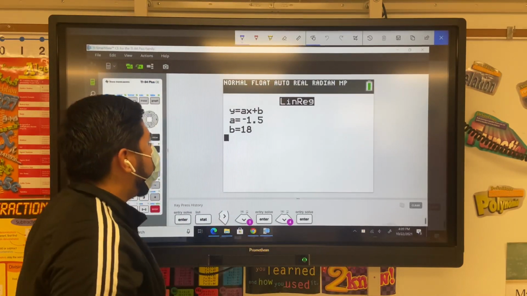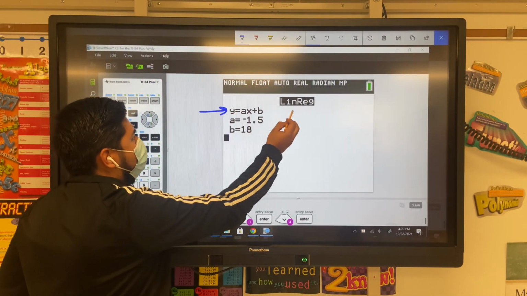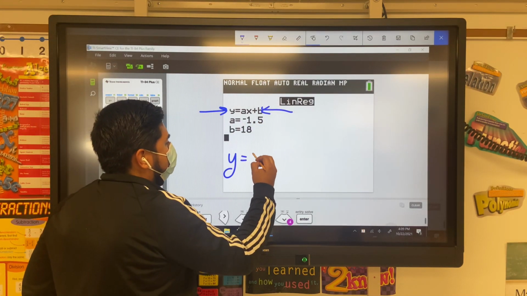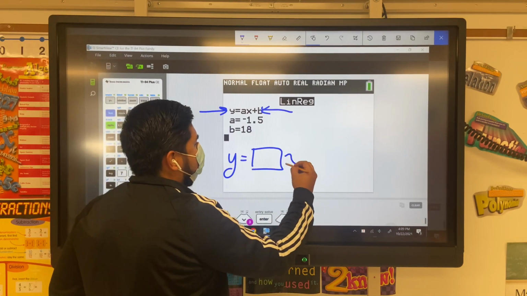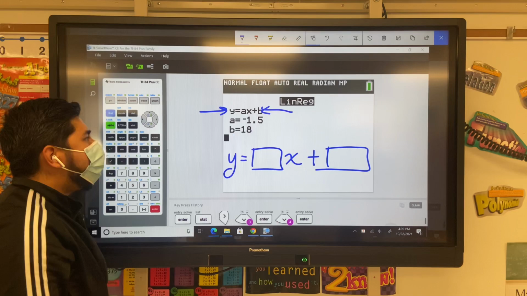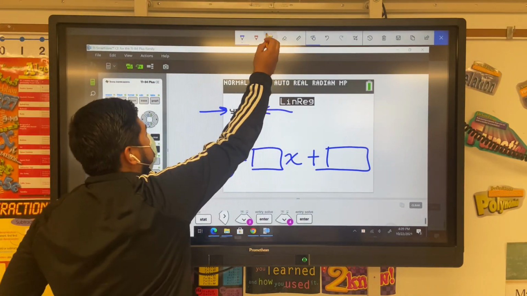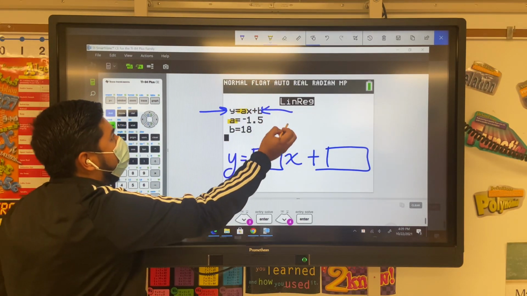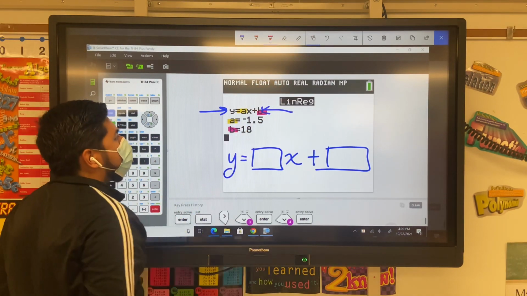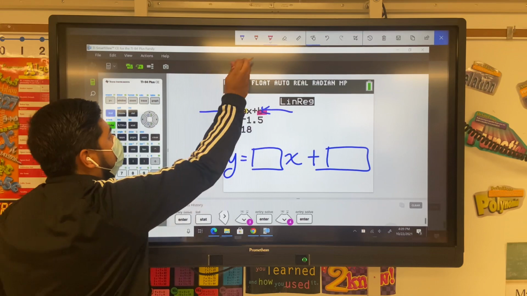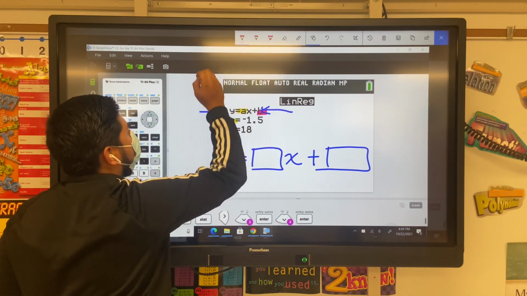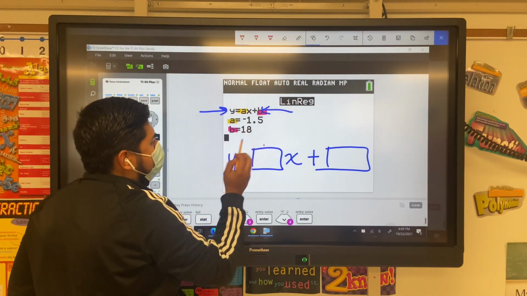Now, we should be able to write this very nice and neat. Hopefully, you should be able to identify that this is slope-intercept form. Y equals blank x plus blank. It tells you what it is, ladies and gentlemen. A is right here. B is right here. Just fill in the blanks. Who is A?